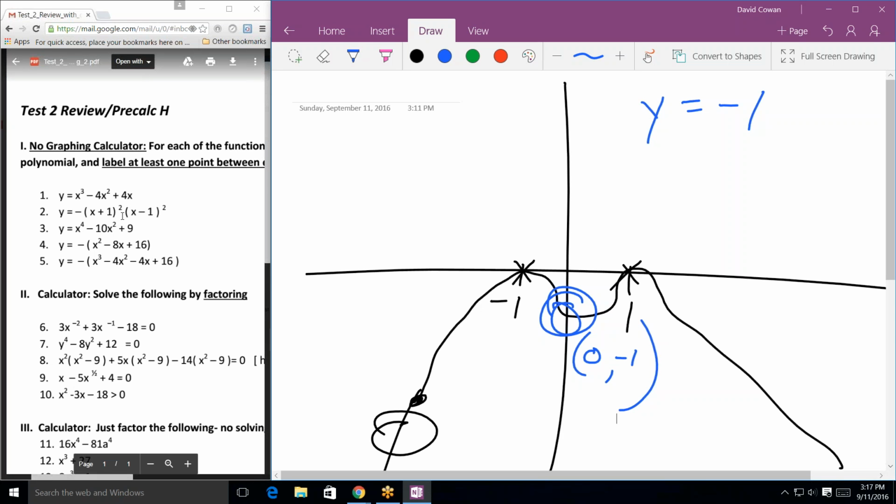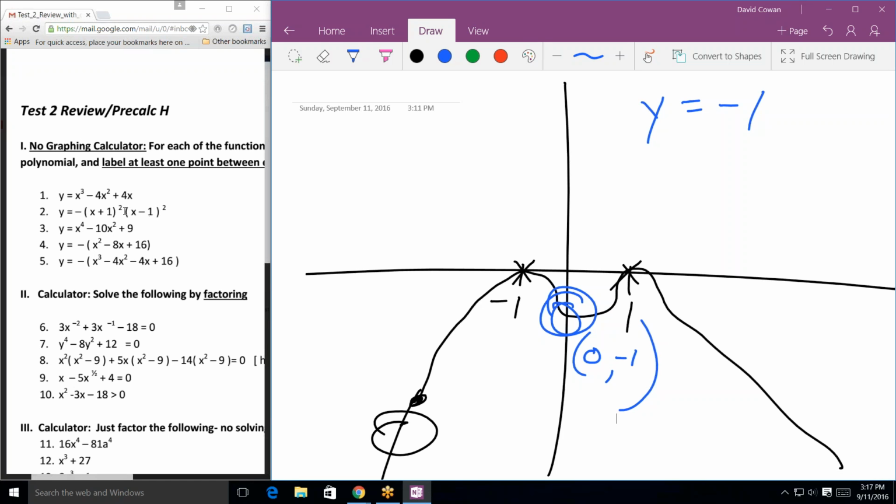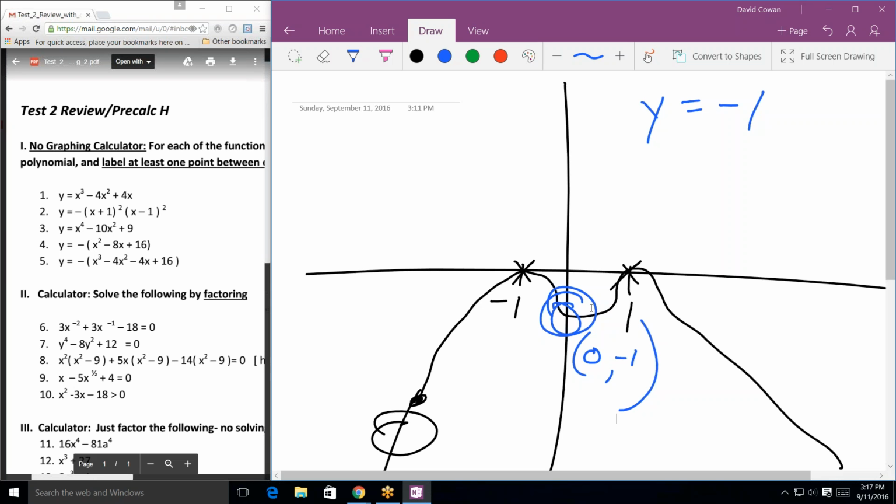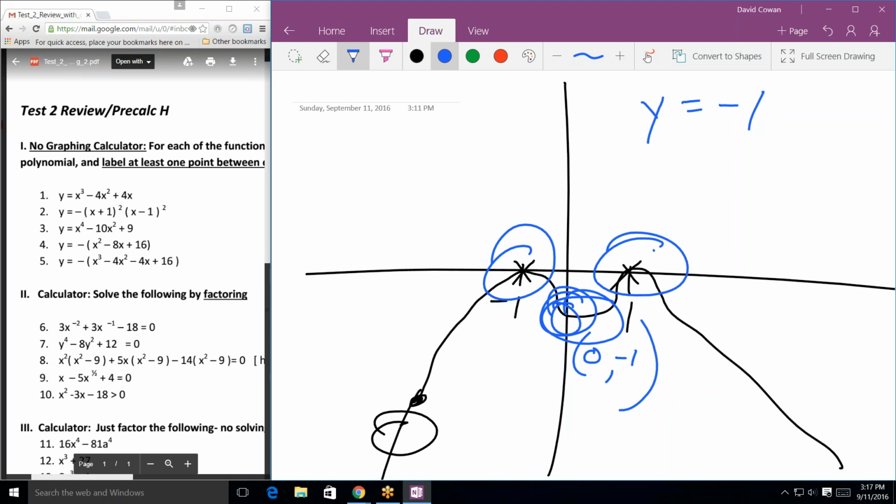So with both of these, I know they have to kiss the axis. And I also know that it's a quartic. So I'm going to have probably 3 local minimums and maximums, and I do. That's a local maximum, that's a local minimum, and that's a local maximum.